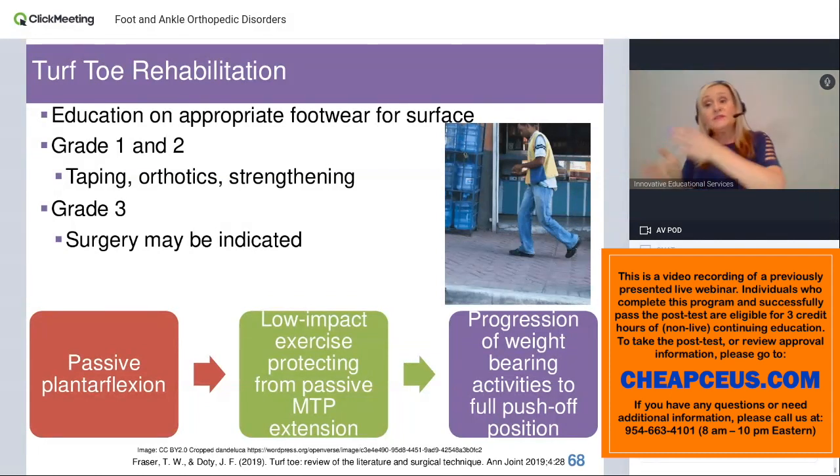Maybe they need to be going sideways down that ramp, or some other safe alternative, because this is going to create a lot more extension. Think about if they're working on sand or more of a compliant surface, do they need a shoe that's a little bit more rigid in that meantime? If we're looking at going back to sports, make sure that cleat is tight enough and the right stiffness. It's not too loose for that individual.